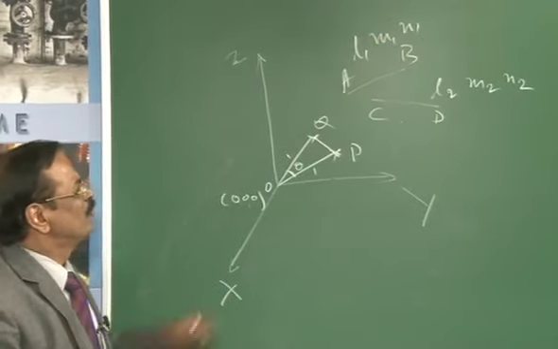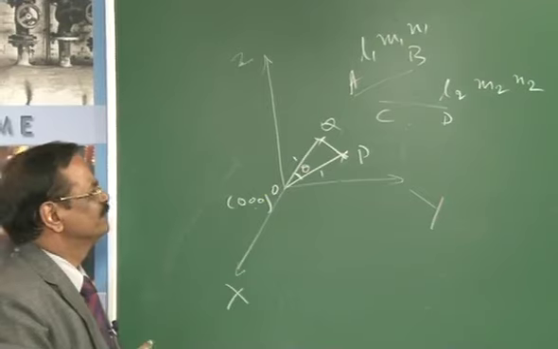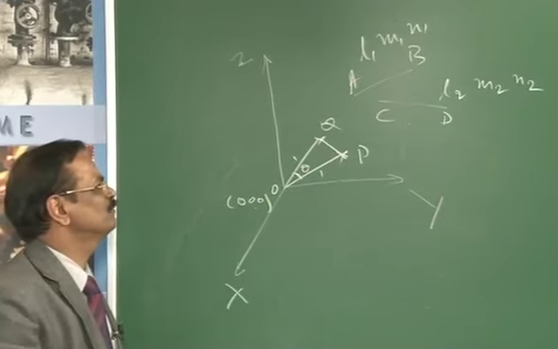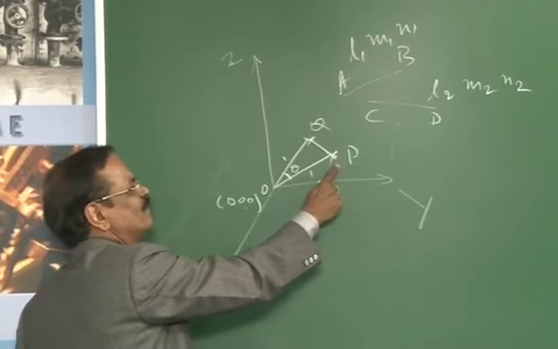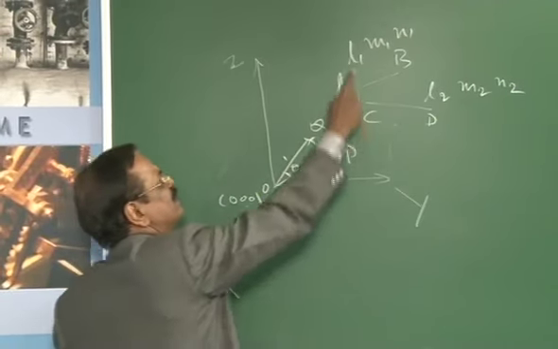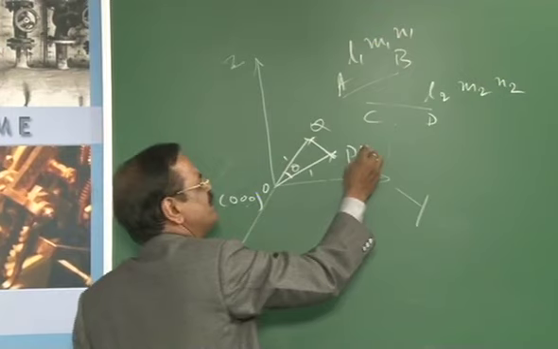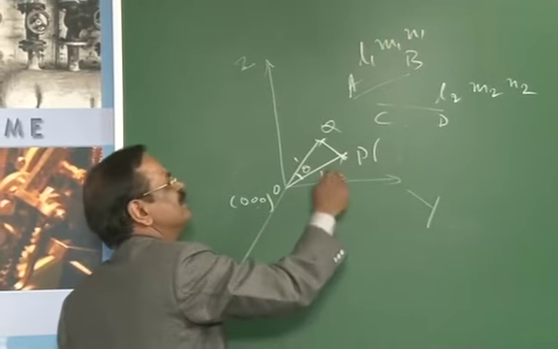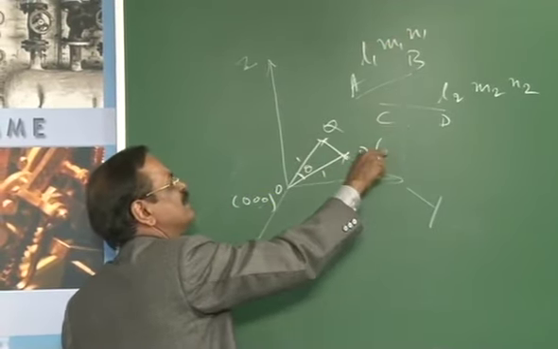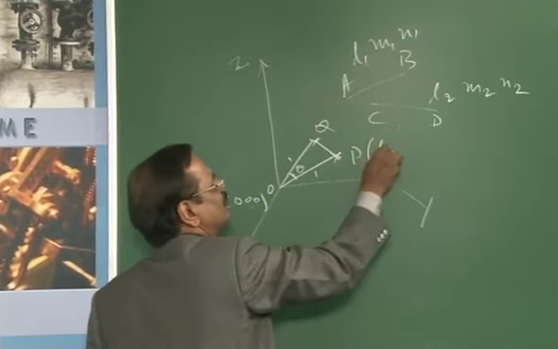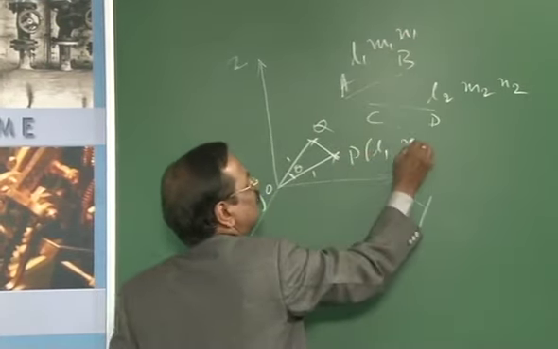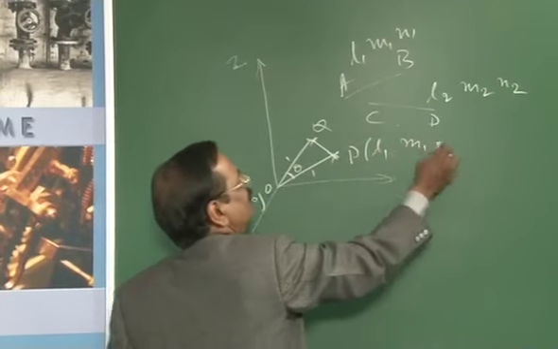So here, how do we find the angle theta? Based on the previous work, once the distance is 1 and the DCs of this line are l1, m1, n1, the coordinates of this point are lr, mr, nr. The DCs are l1, m1, n1, so l1 into 1 gives l1, m1 into 1 gives m1, n1 into 1 gives n1.